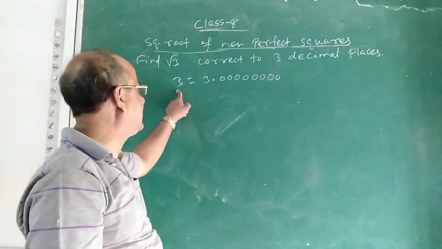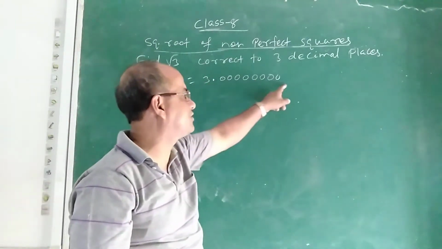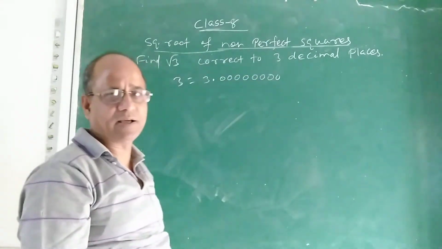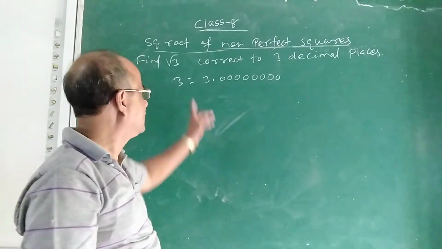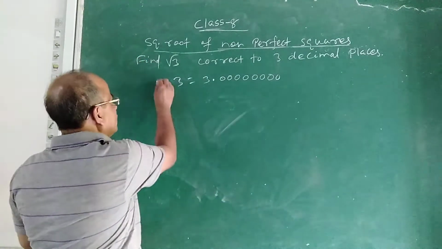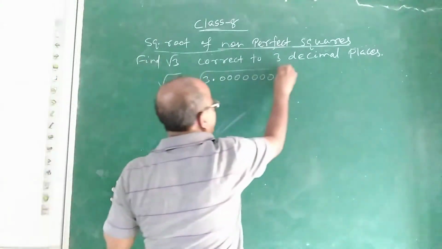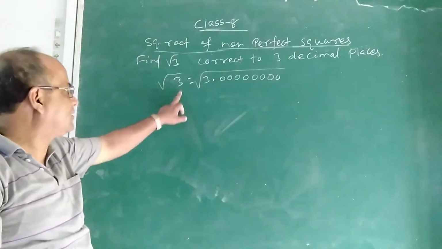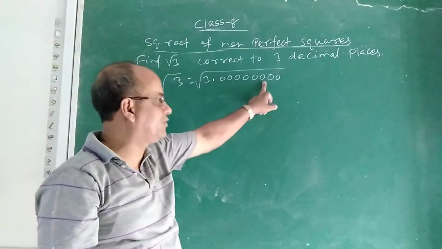So 3 can be written as 3.00000000. I have taken 8 zeros after the decimal point. To find the square root of 3, we have to find the square root of this.